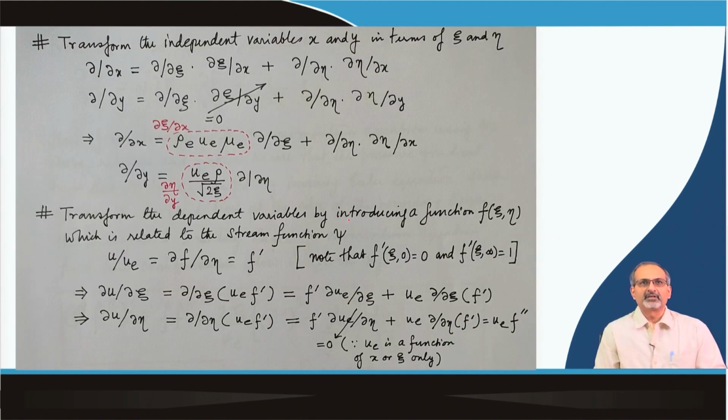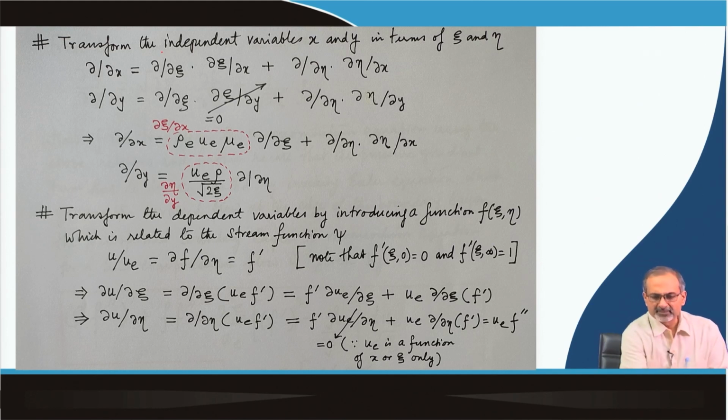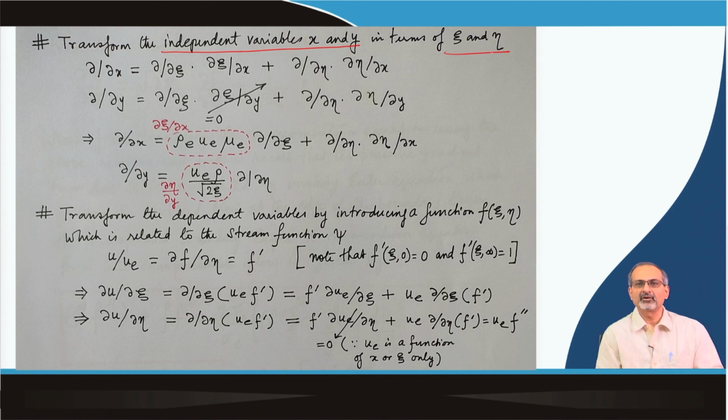A little bit of the transformation mathematics which we need to be a little aware of. So, we transform the independent variables x and y in terms of xi and eta, because we are transforming the problem from physical space to a transformed space. Therefore, these metrics are basically required.